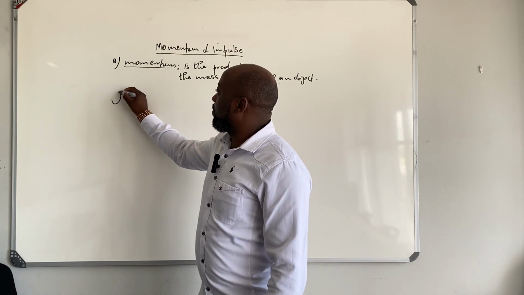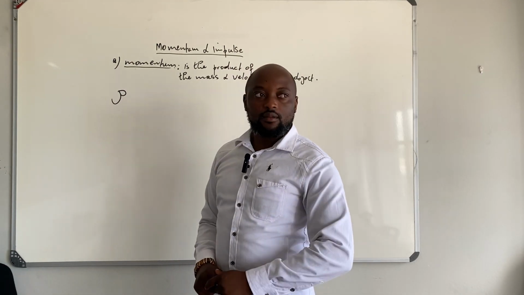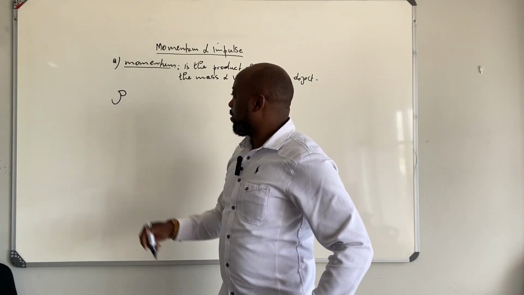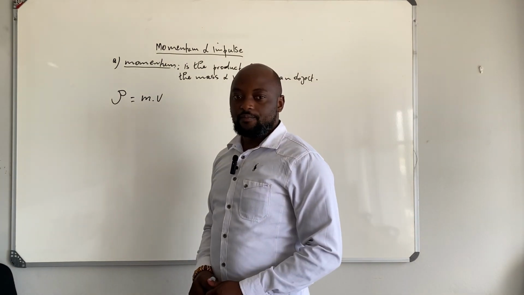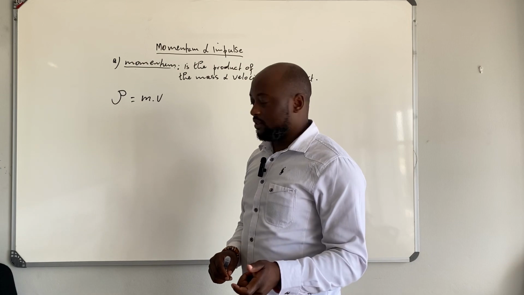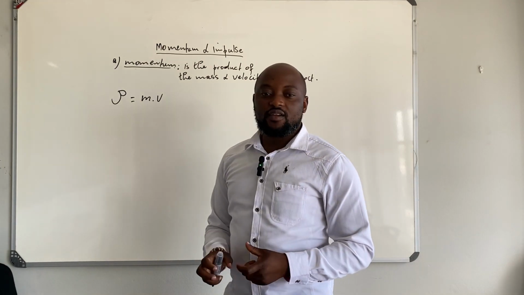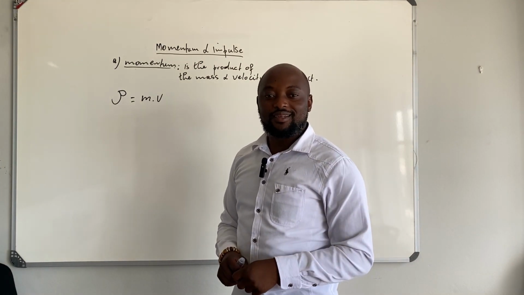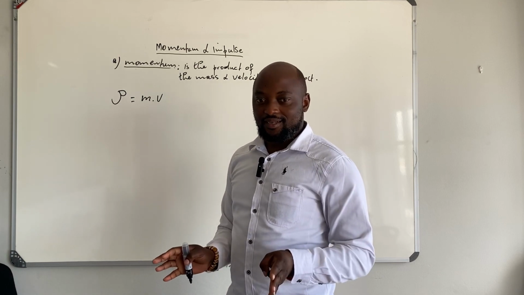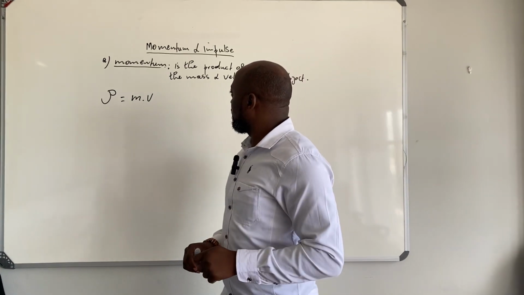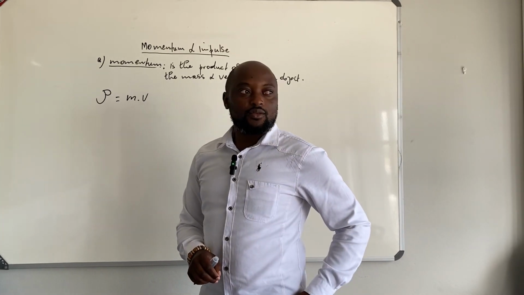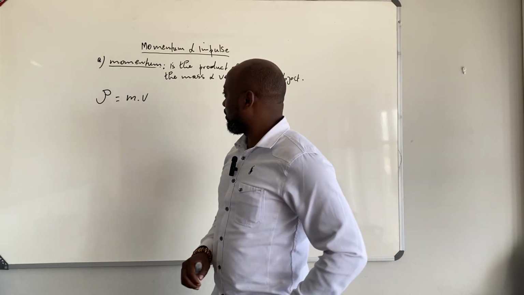Momentum is given by the symbol P, to let you know it's m times v. Remember, this is physics. There's about 25, 30 marks allocated only for your definitions. So you must know each and every key definition that I will be taking you through as we go along this year together.